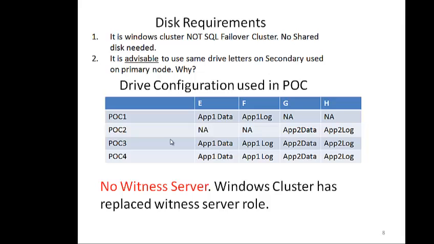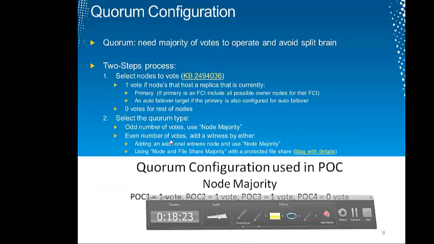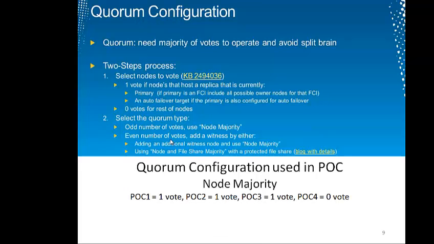As I said, there's no witness server. The Windows cluster has replaced the witness server role. It's good to discuss the quorum configuration, which is an important part of a Windows cluster. There is some good documentation available. I just threw this slide there for you to know what you need for quorum.